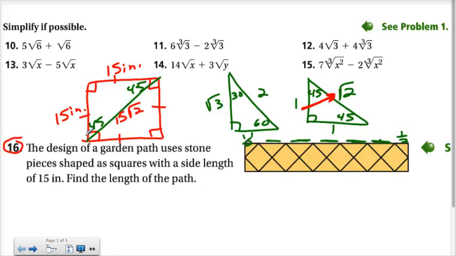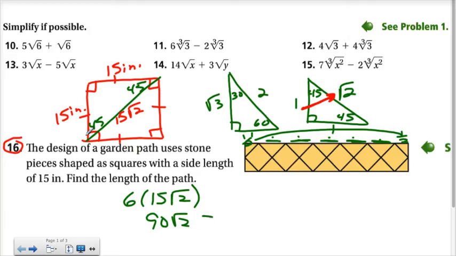So we have 1, 2, 3, 4, 5, and then 2 halves put together. So we have 6 of these 15 square roots of 2. We would take 6 times 15 and get 90 square roots of 2. Of course, they probably want you to get a decimal so that you could tell them what that would be approximately.